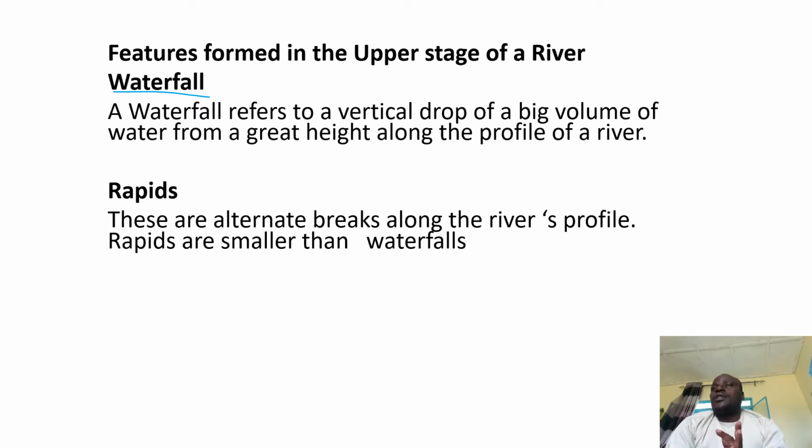Formerly, the river was flowing on a hard rock. As the river continues to flow, it begins to flow on a soft rock, which it will erode vertically, which means its gradient will become steep, and it begins flowing on this steep gradient, forming a waterfall. We shall see it in the diagram in another slide.